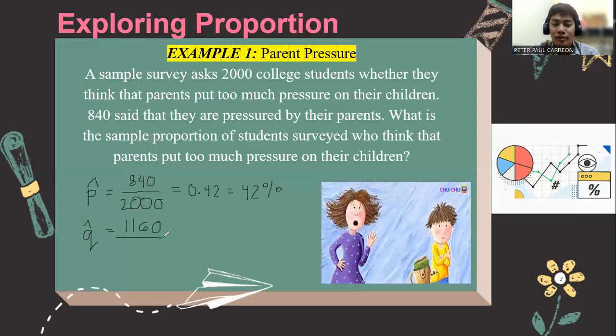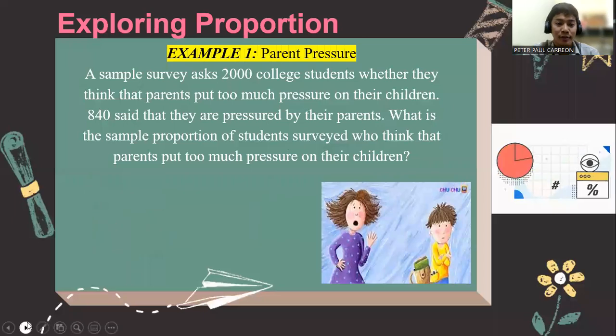Then we divide it by the total sample size, which is 2,000. Using your calculators, we get the decimal equivalent, which is 0.58. Transforming it into its percent form, that is 58%. So these are now our p hat and q hat.